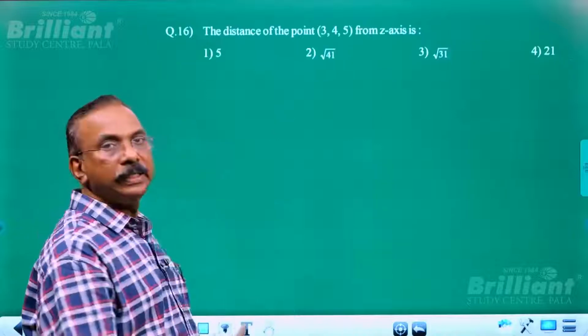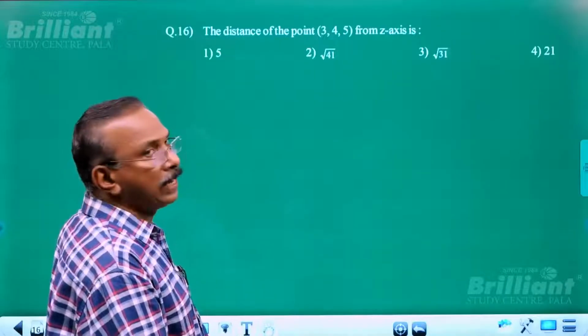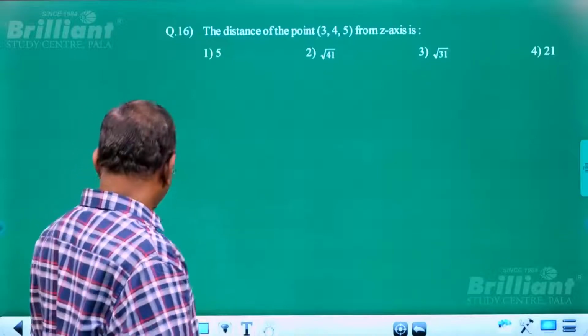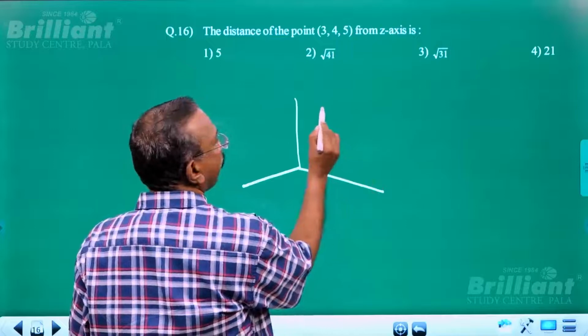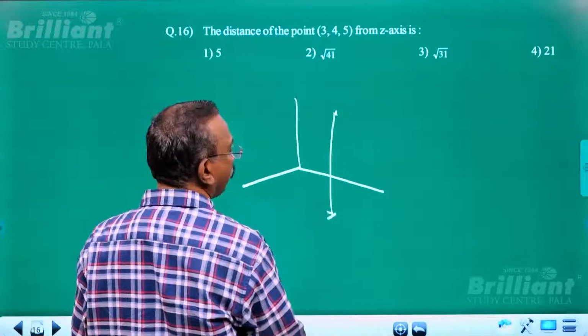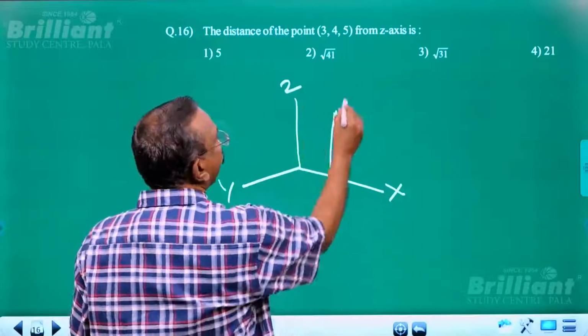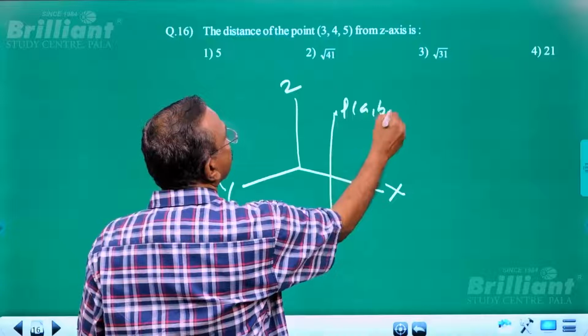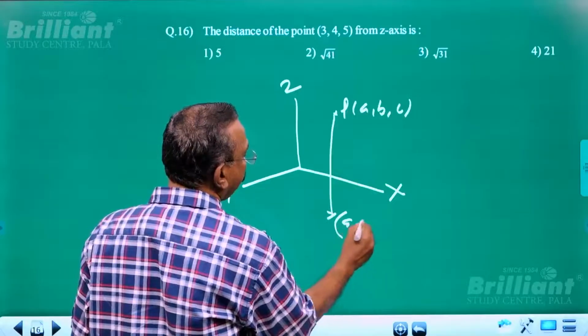Now question number 16. The distance of the point 3, 4, 5 from the Z axis. You know, in the XYZ plane, there is a point in space. Then definitely I mark here the foot of the perpendicular. If it is X axis, Y axis and Z axis, then the point P is A, B, C. Then this foot is actually what? A and B and 0.